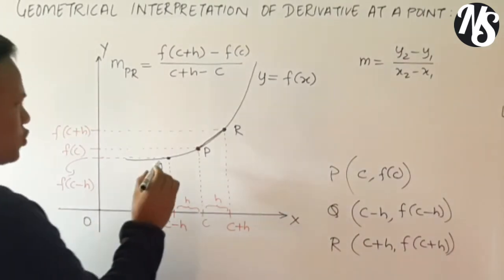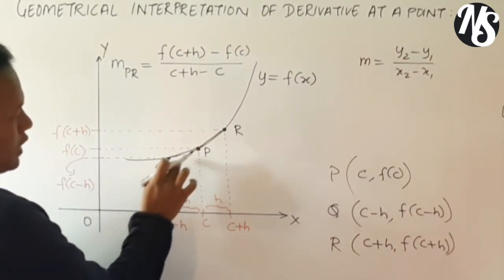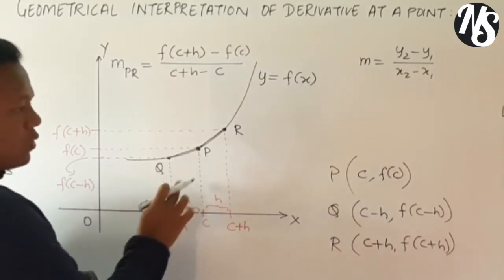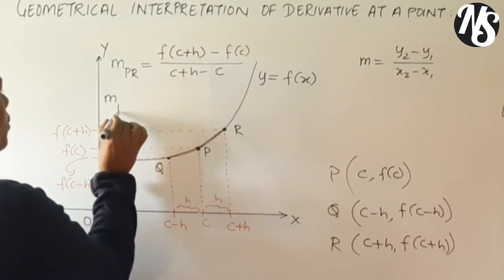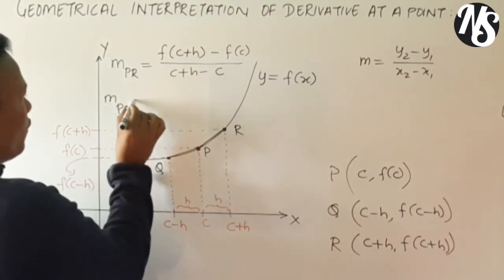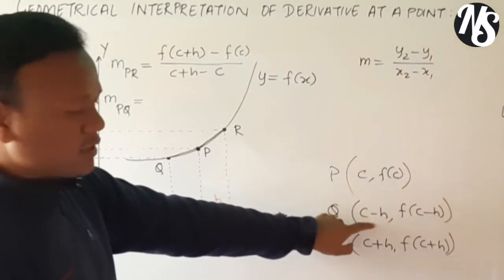Now similarly, let me join P and Q and form a straight line PQ. So the slope of PQ, let me write it here. P is here, Q is here, call this x1 y1 and this x2 y2.